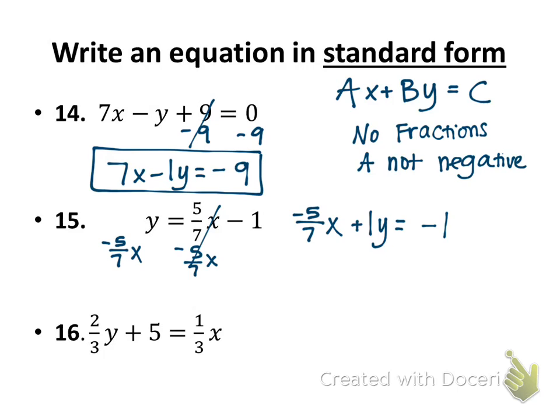So now, is it in standard form? No. I've got the right order, AX, BY equals C, but I do not have the 2 rules. No fractions, and I have a fraction, and A is negative. Okay? So what can I multiply by to take care of both of those rules at one time? Jonathan? Negative 7. Why did you choose negative 7?